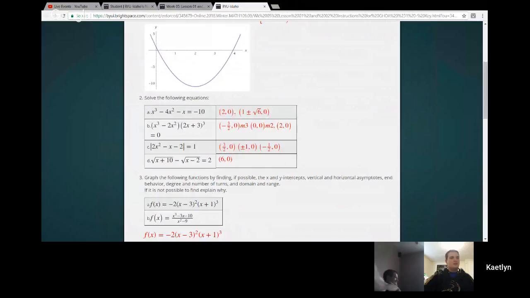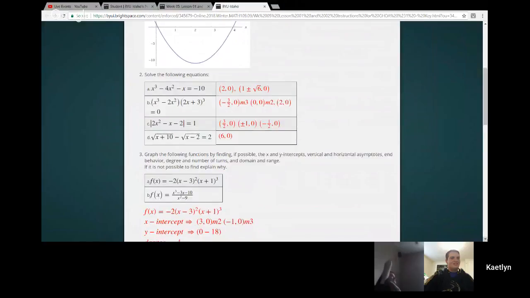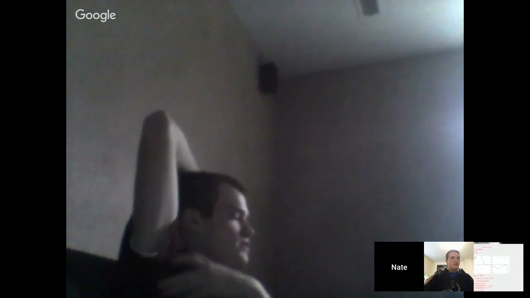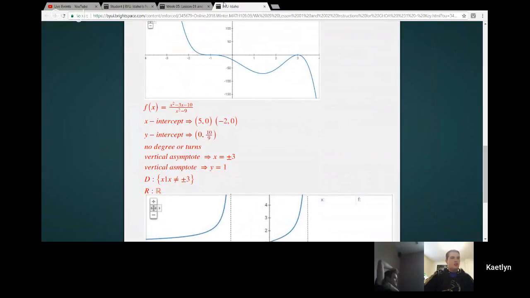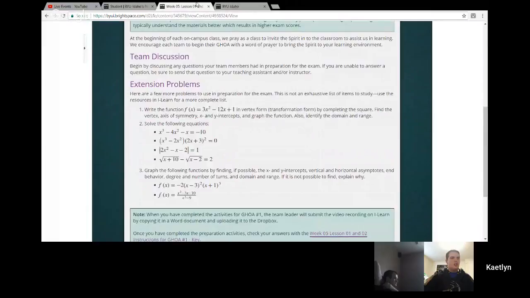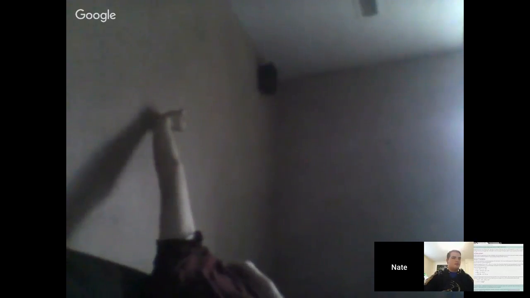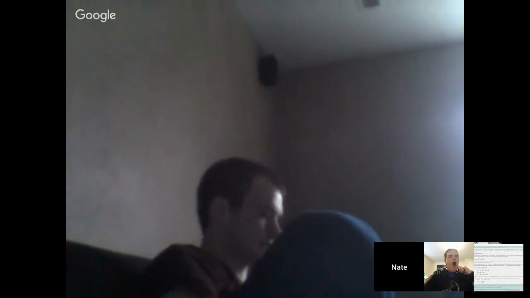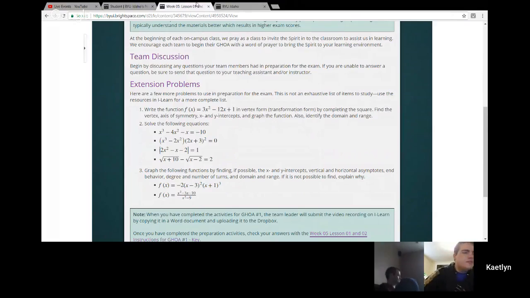So you should have 5, 0 and negative 2, 0 on top, because you only use the top for it. And for the y-intercept, you should have 0, 10 over 9.